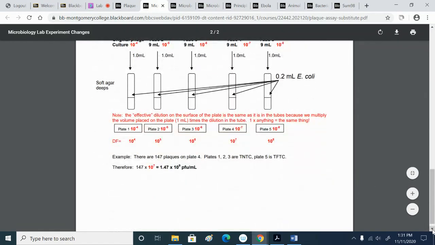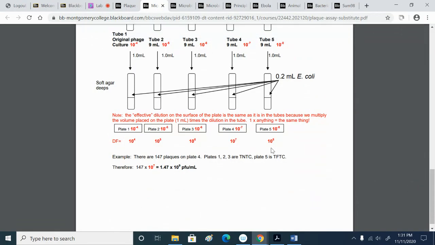Now we know the number that we need is the dilution factor. Remember, technically that's 1 divided by the dilution. 1 divided by a negative exponent becomes a positive exponent, right? So 10 to the 4, 5, 6, 7, 8 are all the dilution factors.